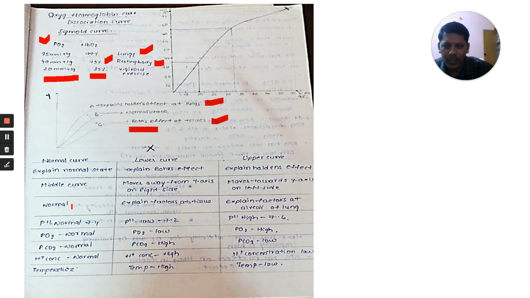Middle curve, normal pH. When the normal curve is there, that means the normal pH is present in our blood, PO2 is normal, PCO2 is normal, H plus concentration is normal, temperature is normal.